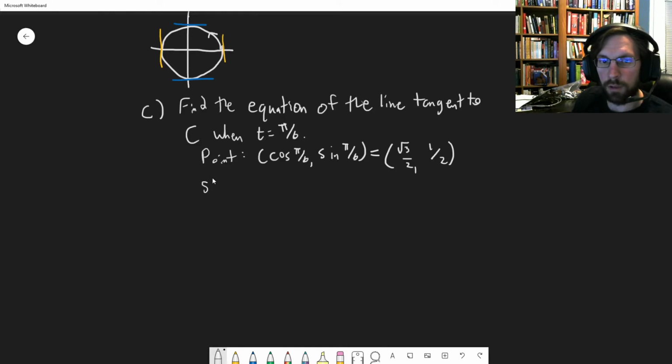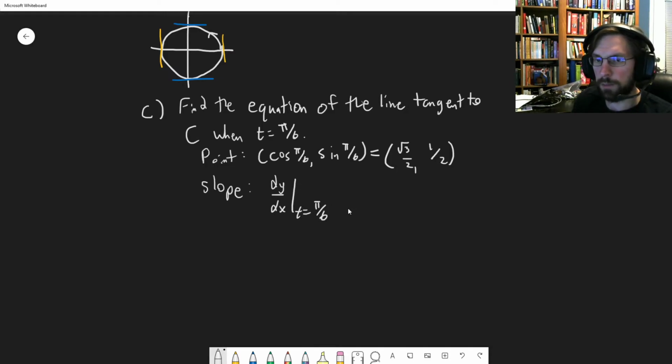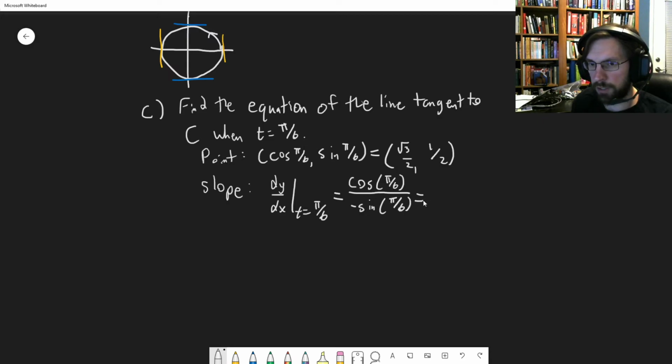Okay, then in order to find the slope, what we're going to do is plug in pi over 6 into our derivative, so dy dx when t is pi over 6. So this is going to be equal to cosine pi over 6 divided by negative sine pi over 6.